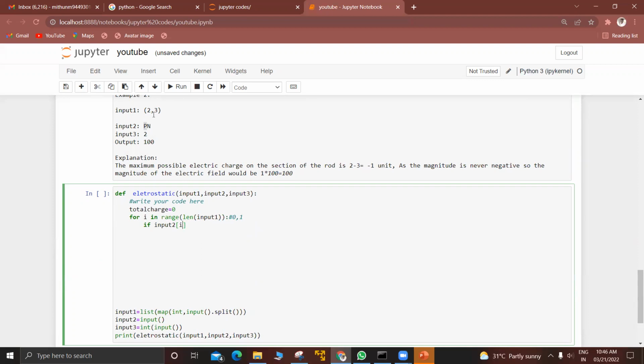If there is a P, then total charge will be updated to total charge plus input 1 of i.